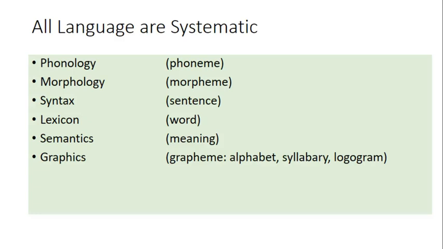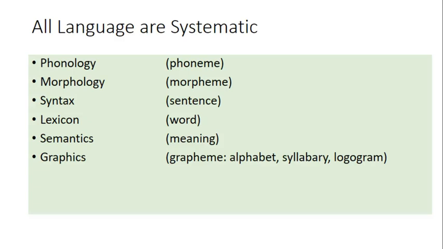And then, of course, there's the study of graphics, which is a technical term. We're not using it in the broad sense of, hey, good graphics on that video game or whatever, but in the sense of how language is visually represented. That is what graphics studies. So there are alphabets, such as we use in the Greek and Hebrew and Arabic, but then there are syllabaries, where there are individual symbols not just for particular sounds, but for an entire syllable.